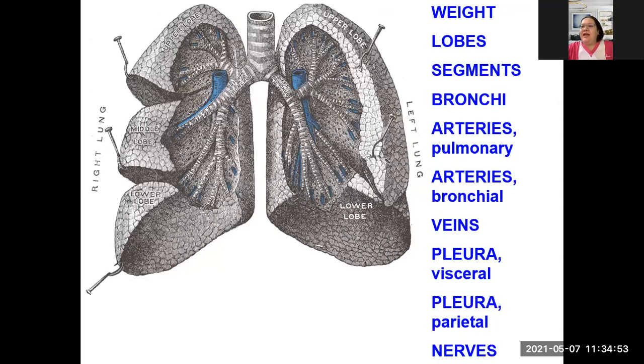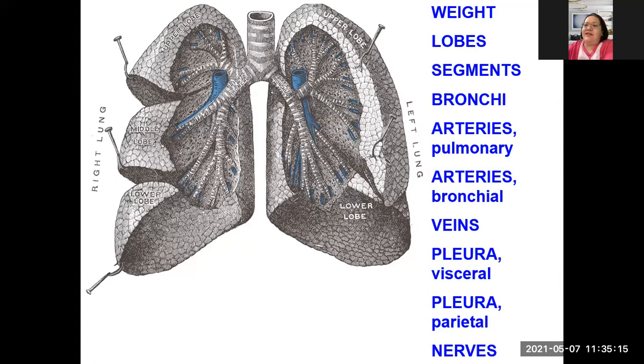So looking at the lungs here, there are 2 lungs, the right lung and the left lung. And then these lungs are divided into lobes.